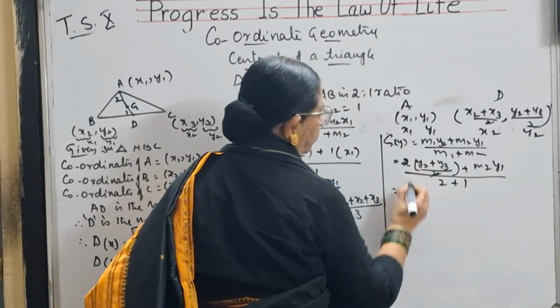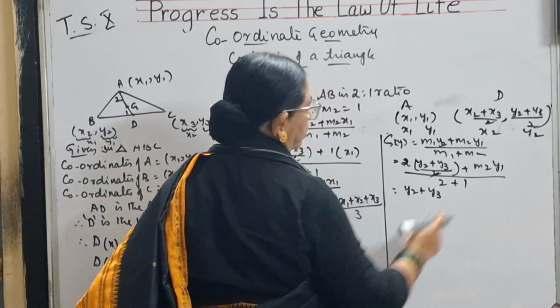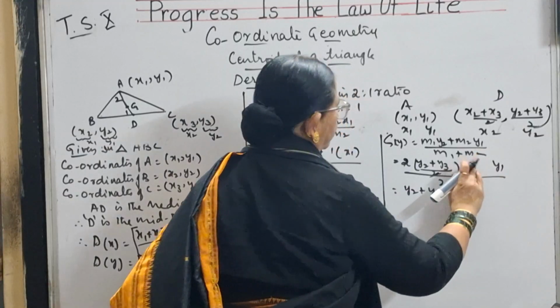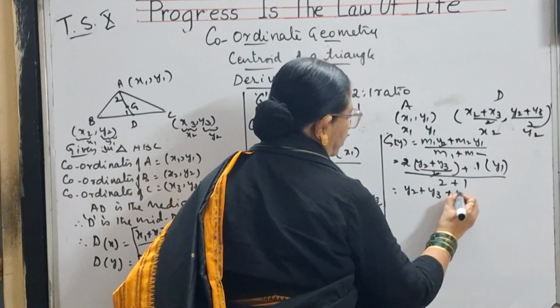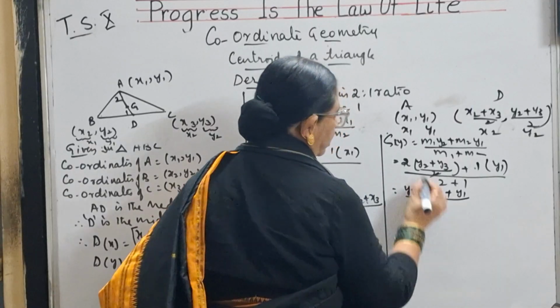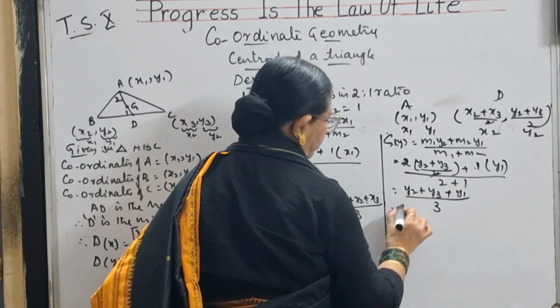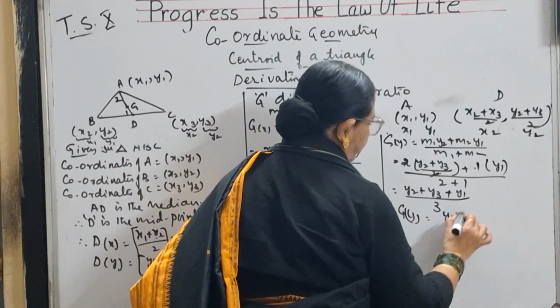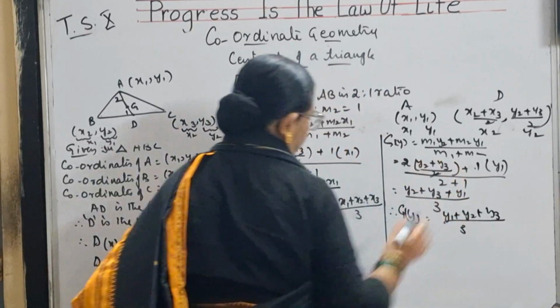That is, 2 and 2 will get cancelled. y2 plus y3. m2 is how much we have got? m2 is 1. m2 is 1 into y1, this is y1, by 3. y2 plus y3 plus y1 by 3. Therefore, G of y is equal to y1 plus y2 plus y3 by 3.